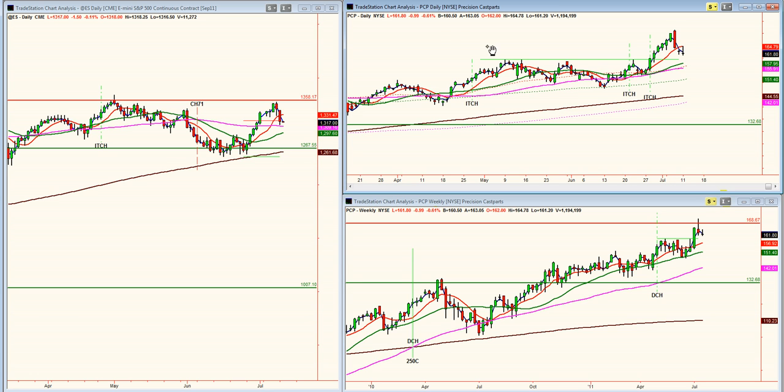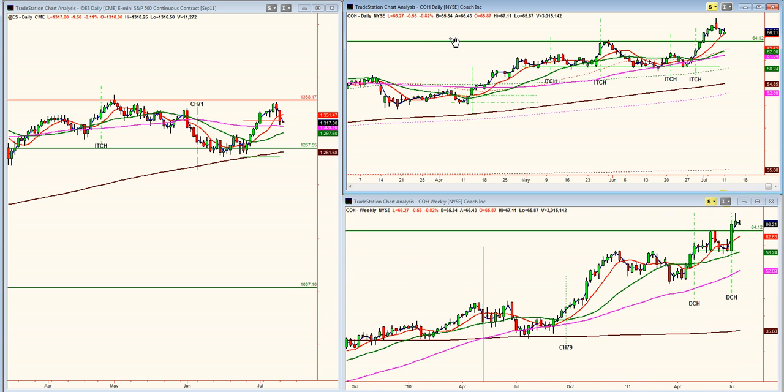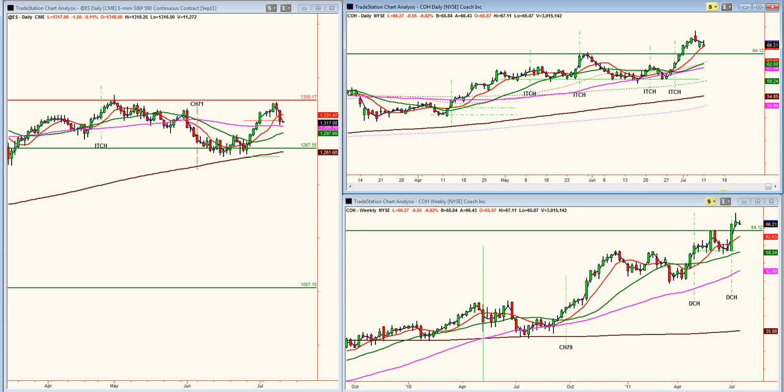Well, let's take a look at a few others. Coach, that's doing the same thing. Again, Coach moved up with the general market, COH, just as it did here. We've got a corresponding DCH here. We've had several corresponding DCH.